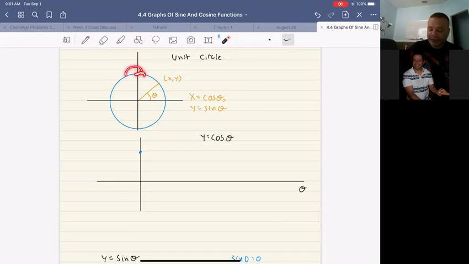The x-coordinate that goes with this point up here at the top is 0. So at pi over 2, the cosine is 0. How about at pi? At pi, that's this point. Remember, the angle pi is halfway around. So the cosine of pi is -1.